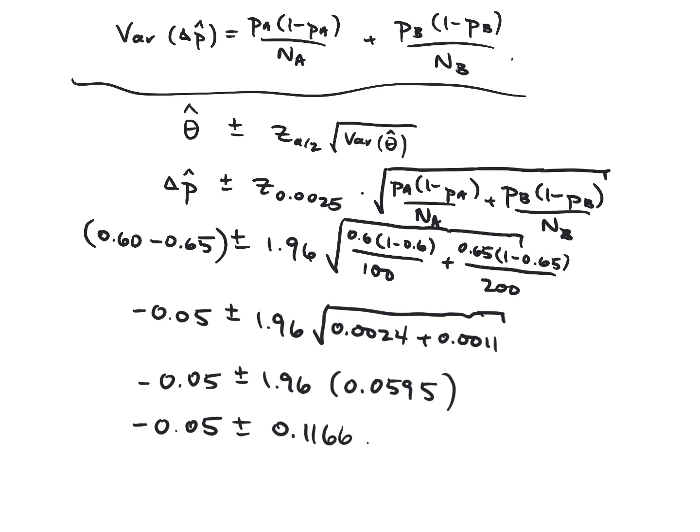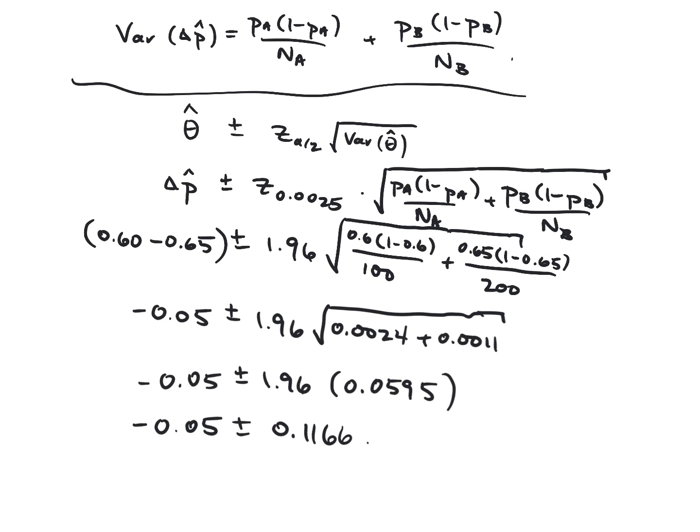Okay, and again, check whether the hypothesized value 0 is inside the confidence interval. Is it? You take negative 0.05 and you add 0.11 to it? No, right?